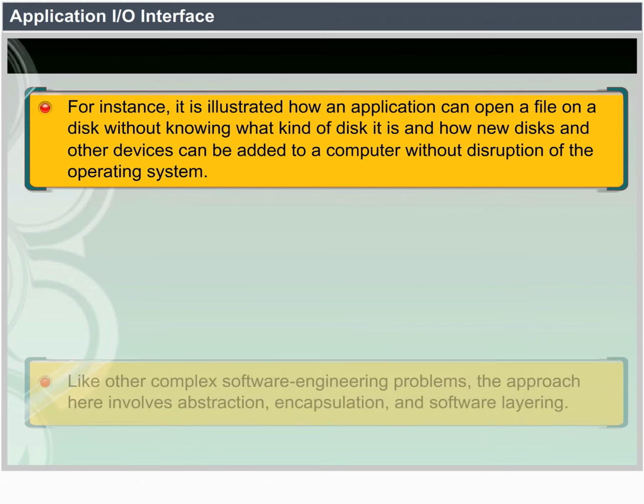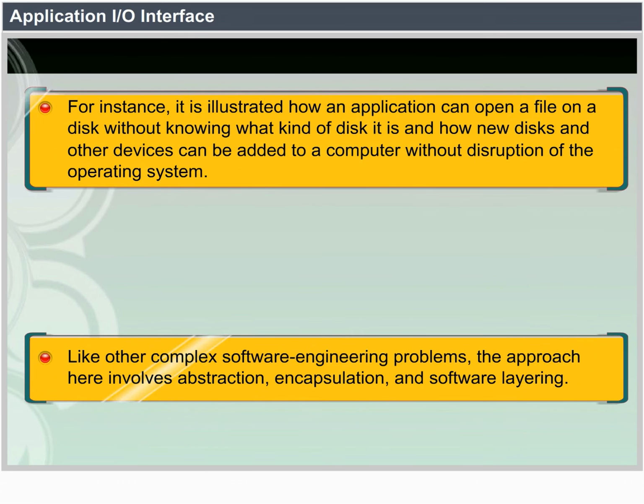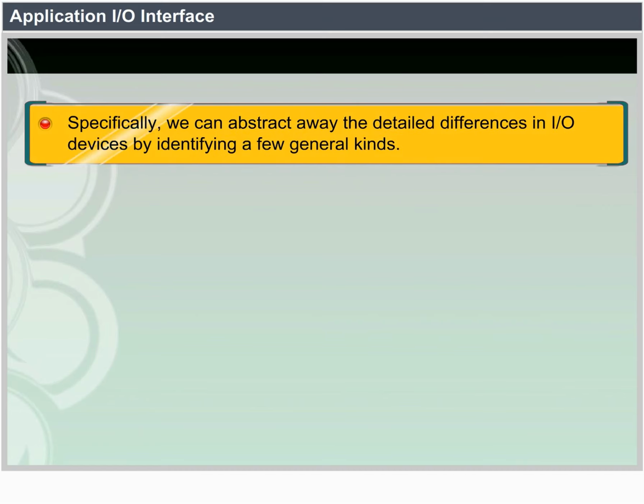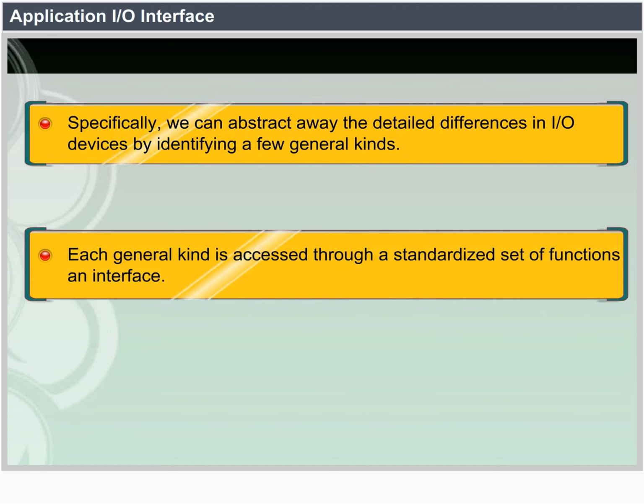Like other complex software engineering problems, the approach here involves abstraction, encapsulation, and software layering. Specifically, we can abstract away the detailed differences in input-output devices by identifying a few general kinds. Each general kind is accessed through a standardized set of functions and interface.